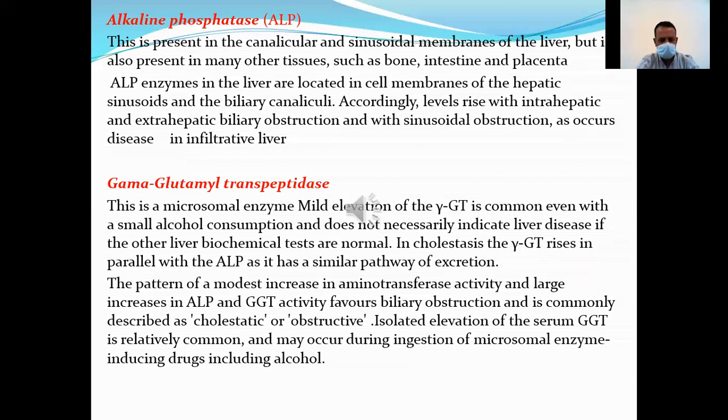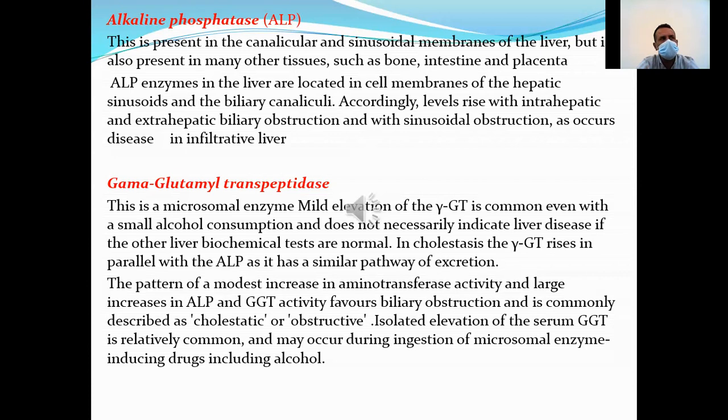Alkaline phosphatase enzyme is present in the canalicular and sinusoidal membrane of the liver. It is also present in other tissues such as bone, intestine, and placenta. In the liver, the enzyme is located in the cell membrane of the hepatic sinusoid and the biliary canaliculi.